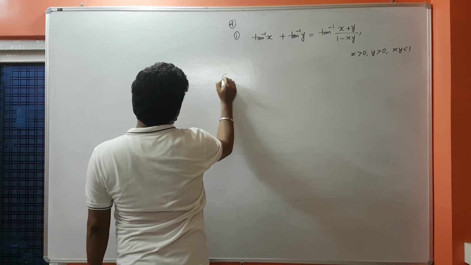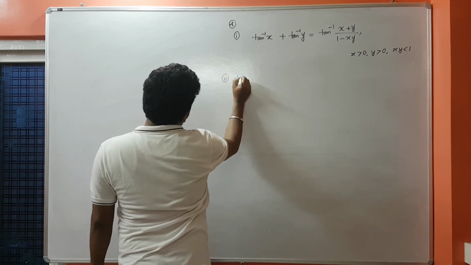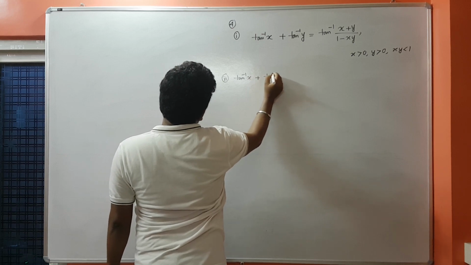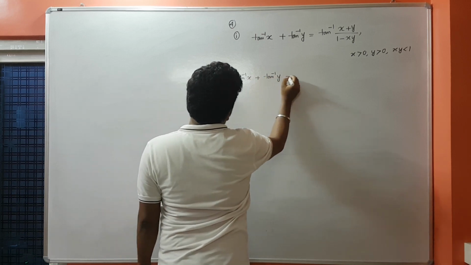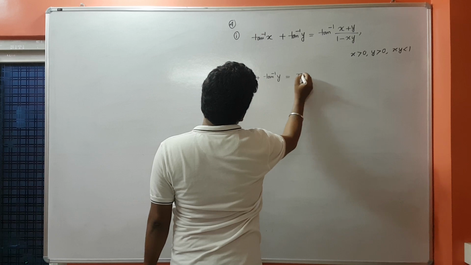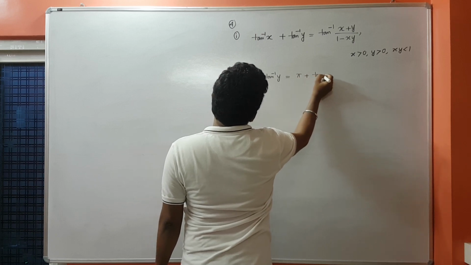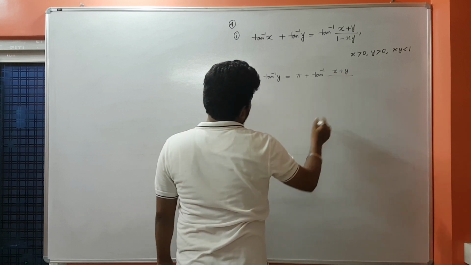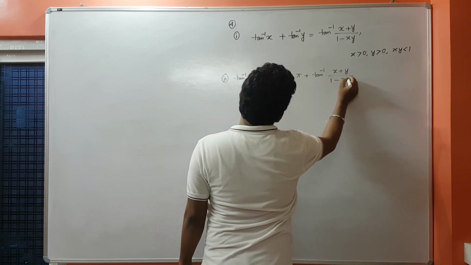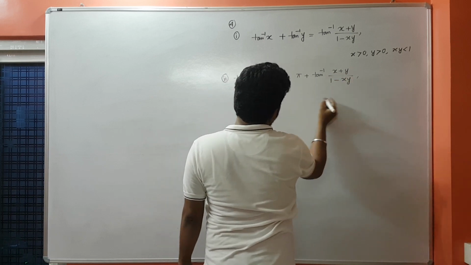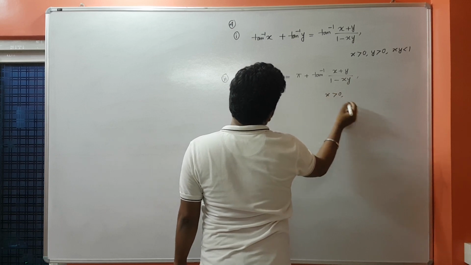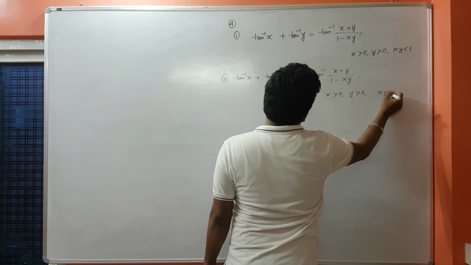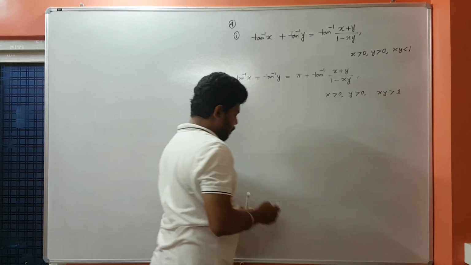Number 2: tan inverse of x plus tan inverse of y is equal to pi plus tan inverse of x plus y divided by 1 minus xy. The conditions are x is positive, y is positive, and their product is greater than 1.